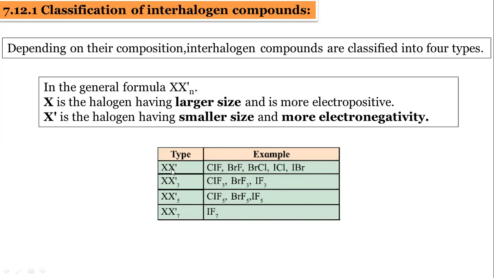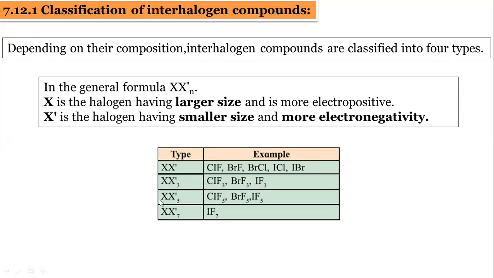First type is XX', say ClF, BrCl. Now you know X' is highly electronegative and of smaller size. Again XX'3, in which there are 3 atoms of fluorine: ClF3, BrF3, and IF3.